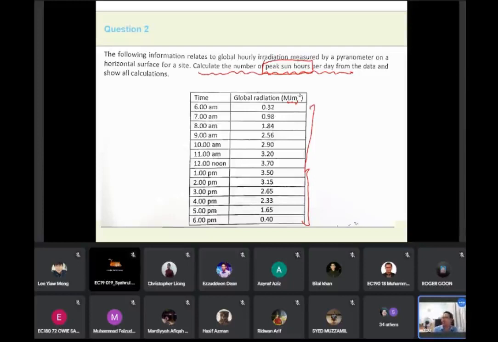Syahida apa senyap? Yes, sir. Dapat tak jawapan? Dah kira belum? Itulah tu. Tengah kira ni, sir. Banyak sekarang. Syahira. You get the answer already? Ya, doktor. No. No.